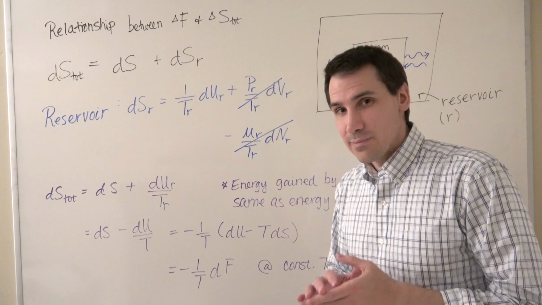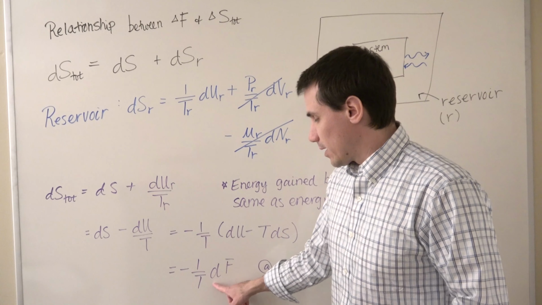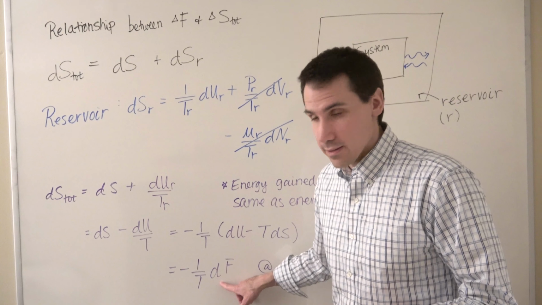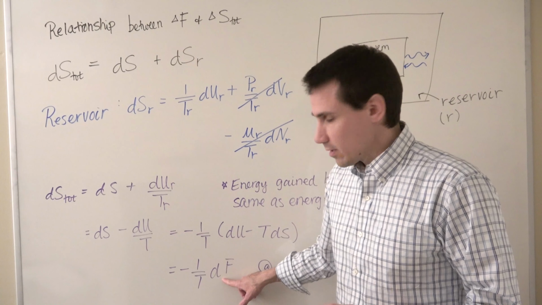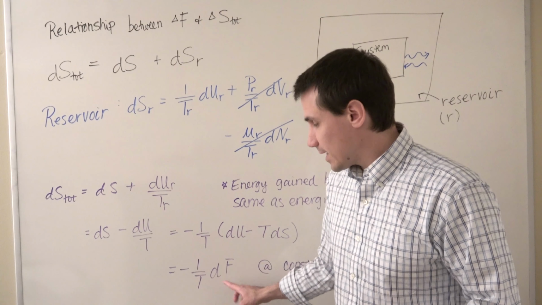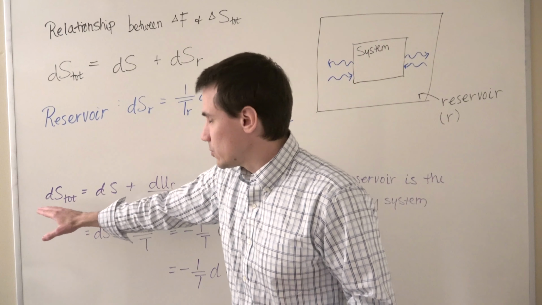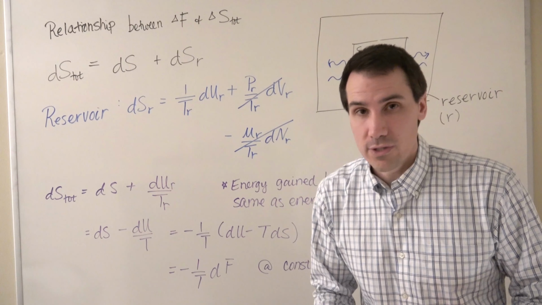So what this means is that if a system goes through some process in which its free energy decreases, if the dF is negative, then negative 1 over T dF will be positive, and that will lead to a positive change in total entropy for the universe.